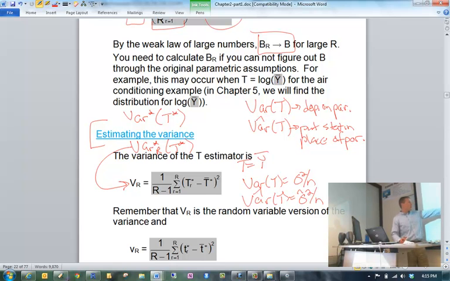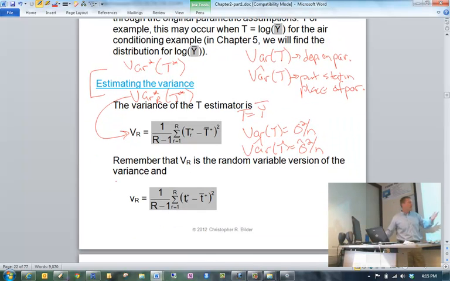I wrote this purposely as a random variable, so notice the capital T's there, because there are times we're going to need to differentiate this. Now when you're actually physically taking the resamples and calculating the actual T stars, we have a little lowercase v_R to note the actual observed quantity.